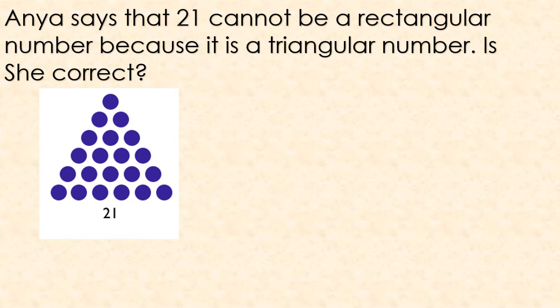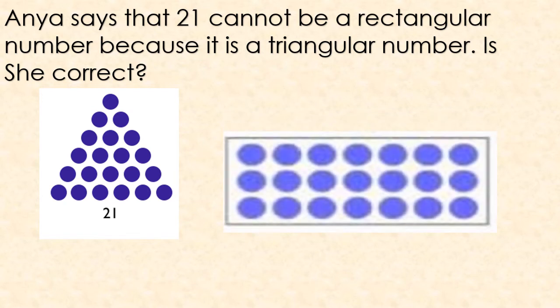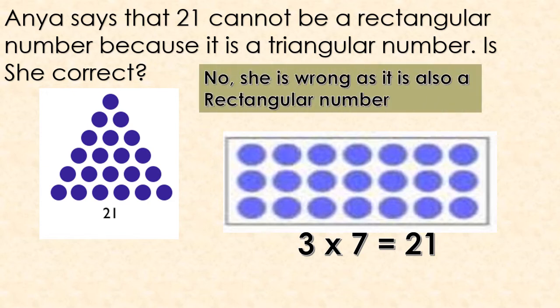A rectangular number is a composite number. 21 is a composite number. Take a look at this diagram. There are 3 rows and 7 columns. 3 times 7 is 21. Back to Anya's theory. She is wrong because 21 is a rectangular number and 21 is a triangular number.